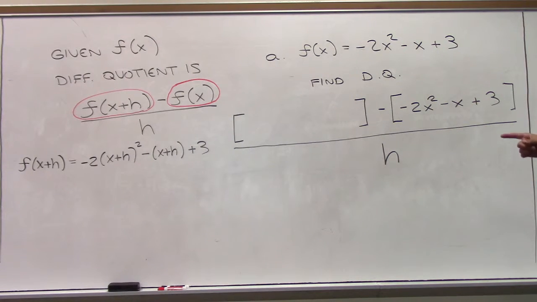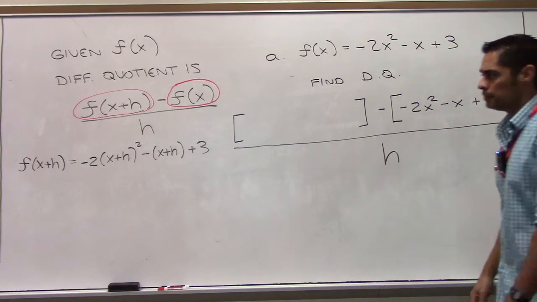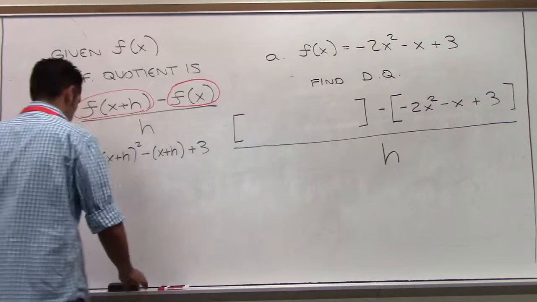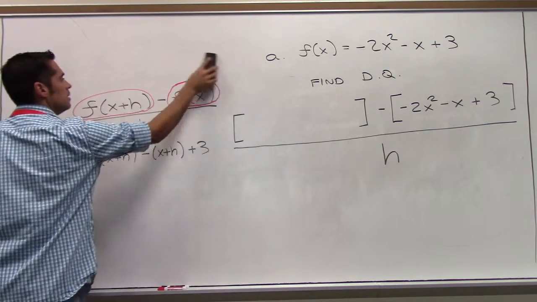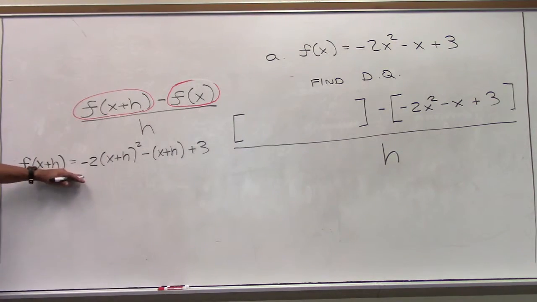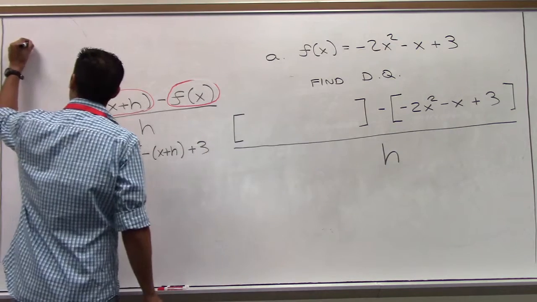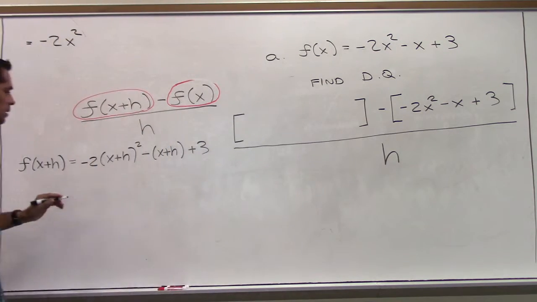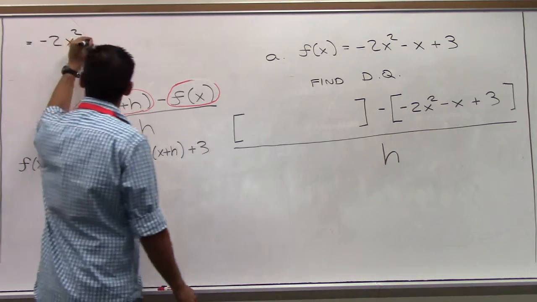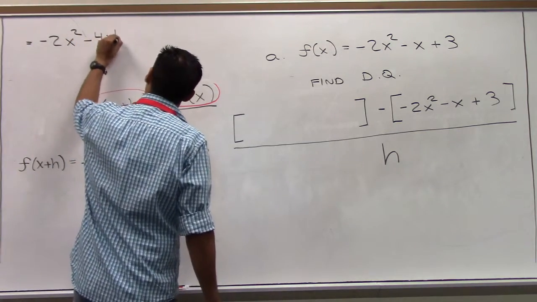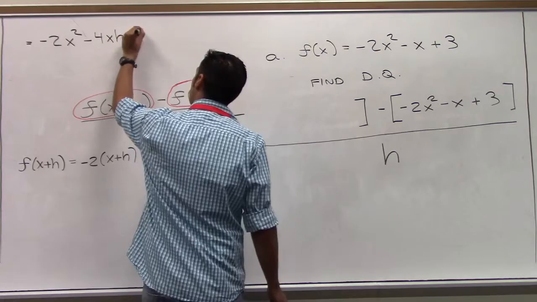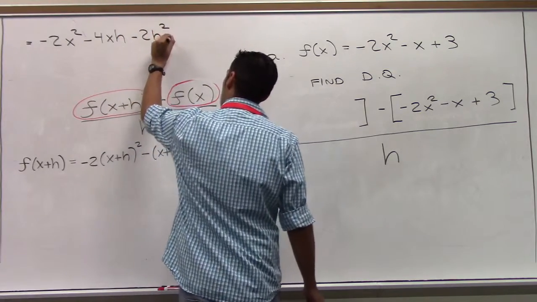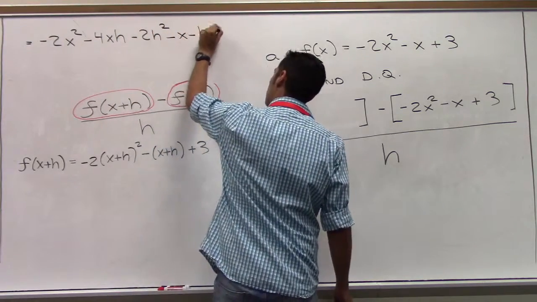And we clean that up, don't we? We square the x plus h. We distribute the negative sign through. I'll put it up here. So this would be negative 2x squared minus 4xh minus 2h squared minus x minus h plus 3.